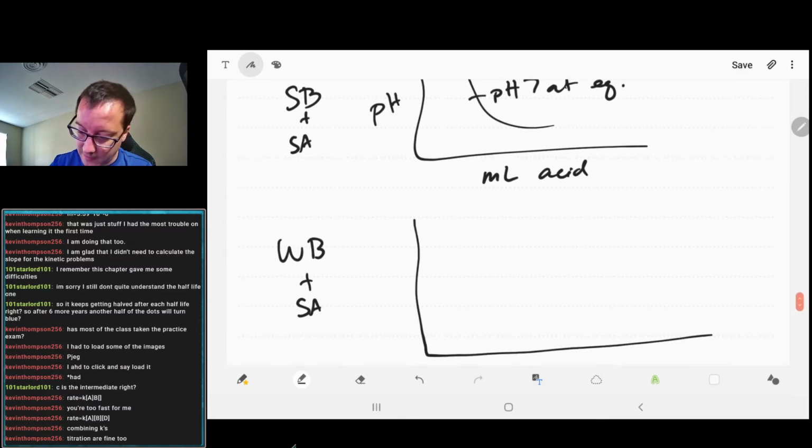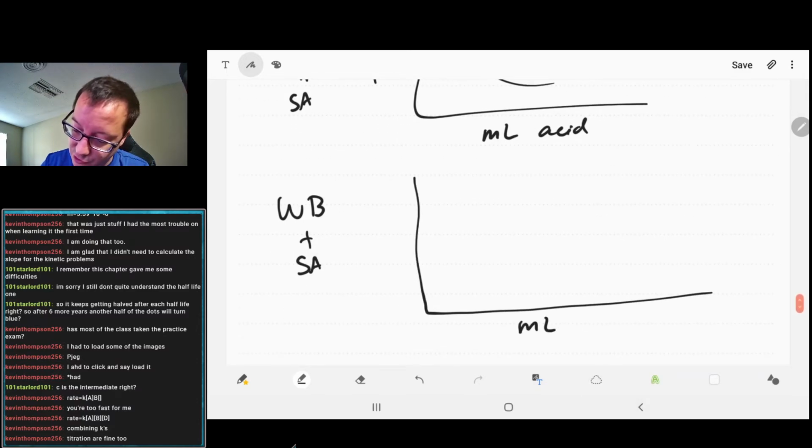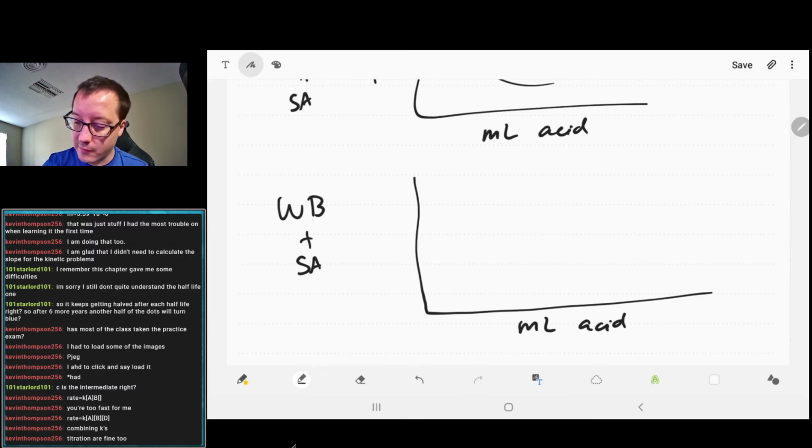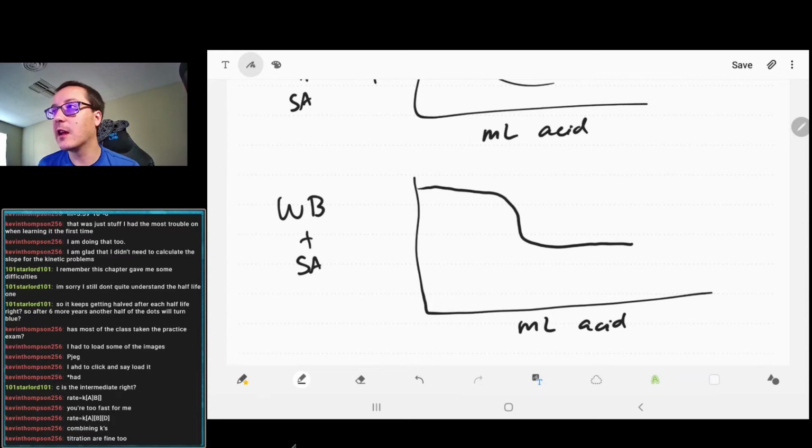However, with a weak base strong acid titration, it's going to be kind of the inverse of our first graph here. So we're going to kind of go down, have a quick slump, and then there we have it. That's really awful. Okay, let's try that again. Where we're going to just kind of deal with this.